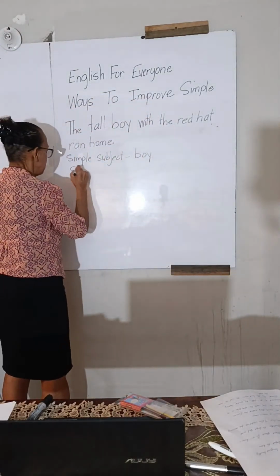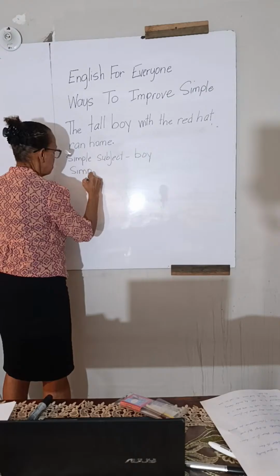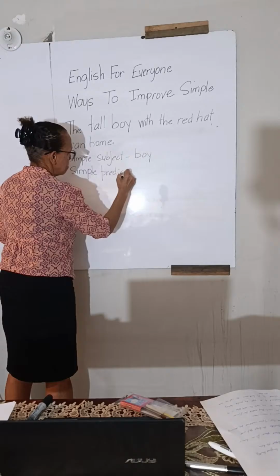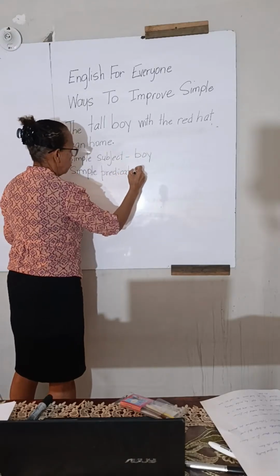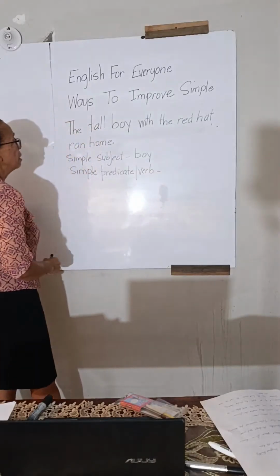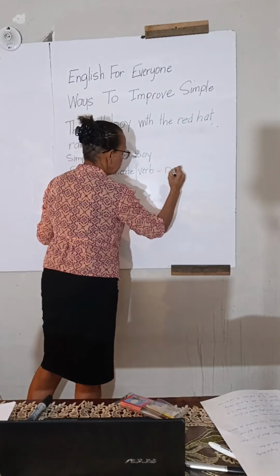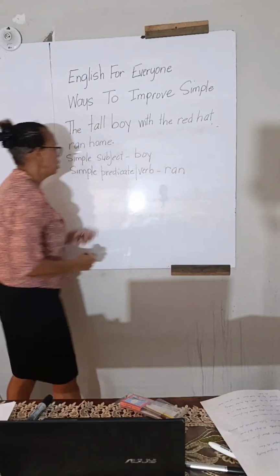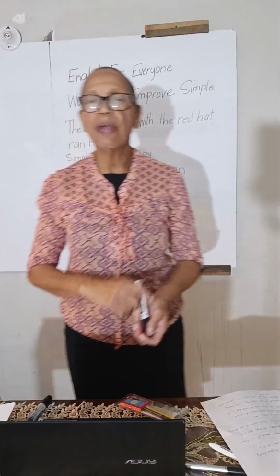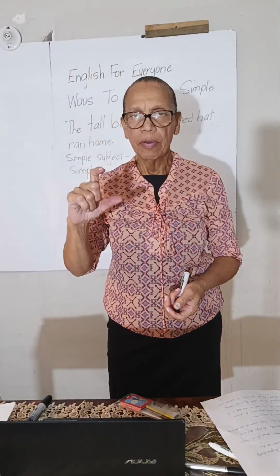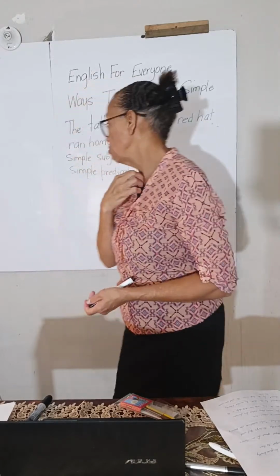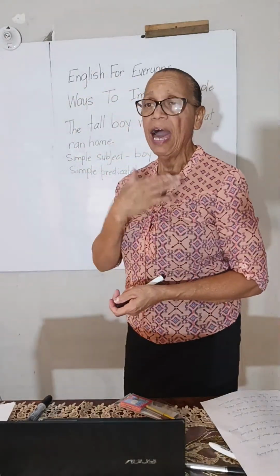Simple predicate or verb, and that will be ran. So the main subject of that sentence is boy, and the main verb is ran. So we call these simple subject and simple predicate.